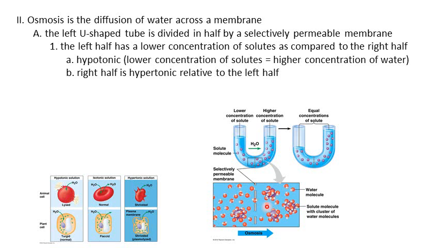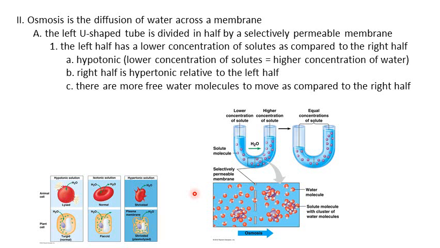By chance, there will be some moving back across the membrane from right to left, but it's not going to be near what we're getting moving left to right, because on the left side there are more free water molecules bumping into one another as compared to the right side. So more free water molecules on the left side versus the right half.